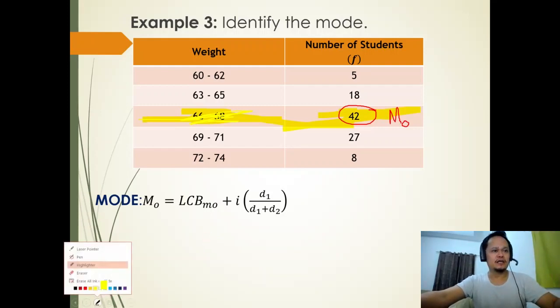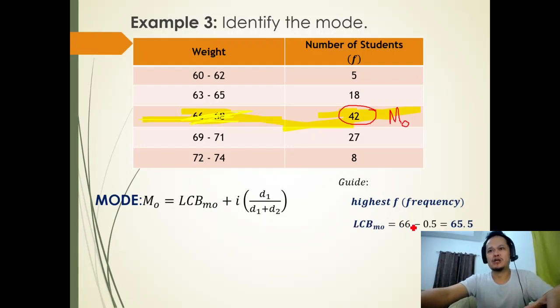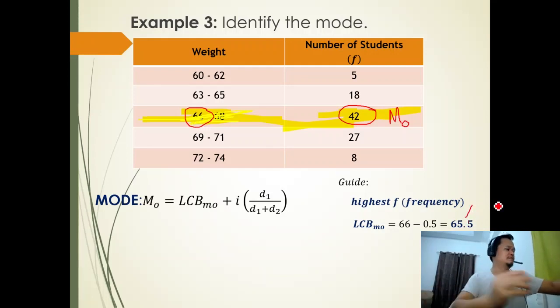The first thing we need is the lower class boundary of the modal class. Highest frequency is 42, 66. This is the same with the median. We take the lower class limit, 66 minus 0.5, that is 65.5.